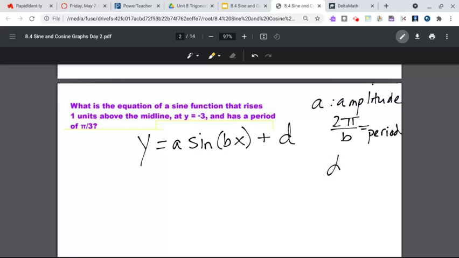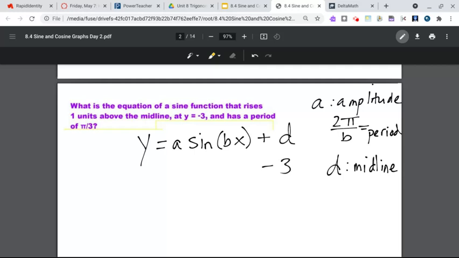And D is your midline equation. So in this particular description, we are given that the midline is -3. So I know I'm going to put -3 here.